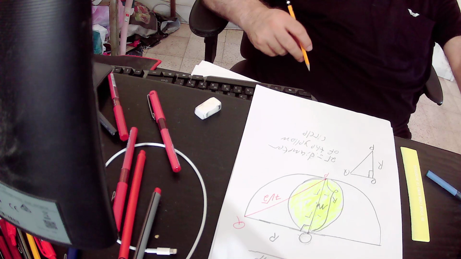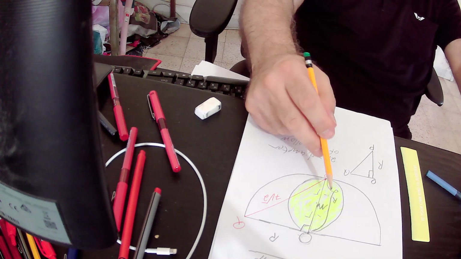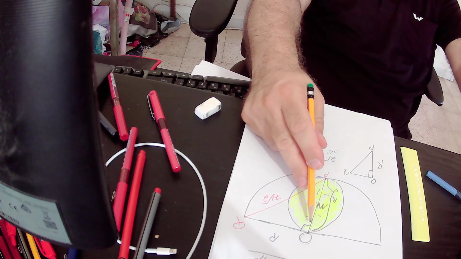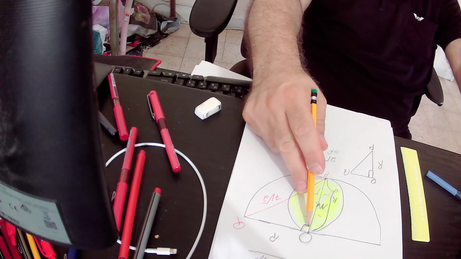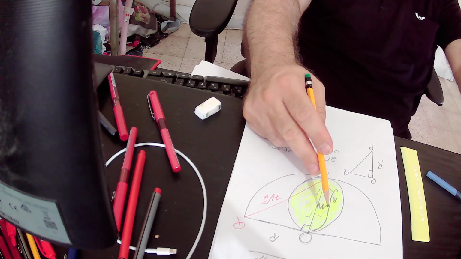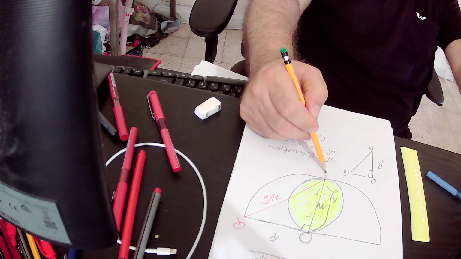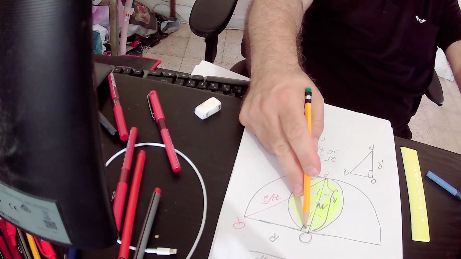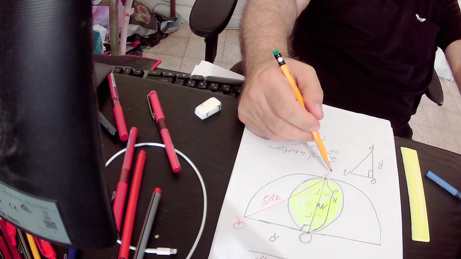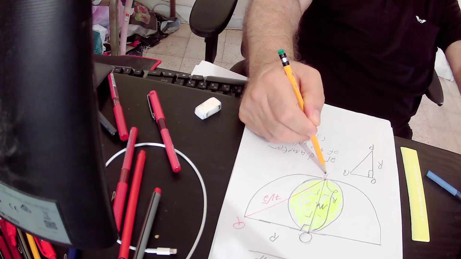Okay, so PO is the radius of the semicircle because it exits from the center of the semicircle and ends on point P, that is a point on the semicircle. So this is the definition of radius. Any line that exits from the center of the circle and ends on the circle is defined as radius.